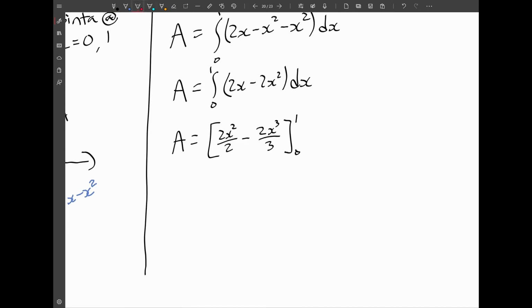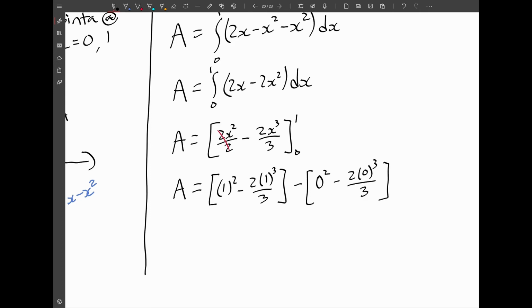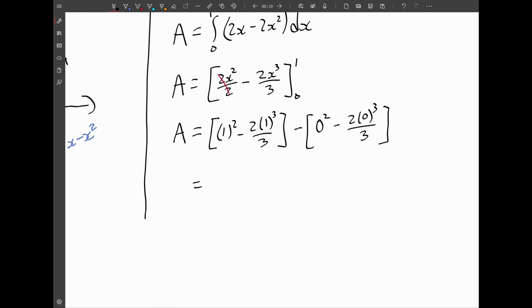The 2's delightfully cancel out, and we are left with 1 squared minus 2 times 1 cubed over 3 minus 0 squared minus 2 times 0 cubed over 3. Well, that one wasn't so bad. This is going to be 1 minus 2/3 minus 0, which is just 1/3. So the area is 1/3 unit squared.